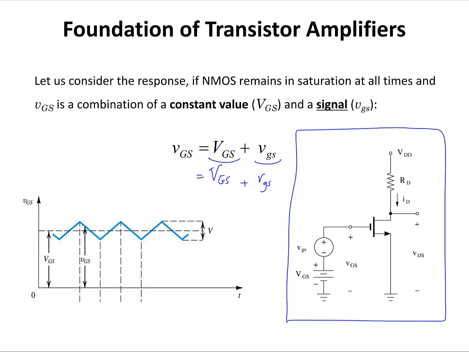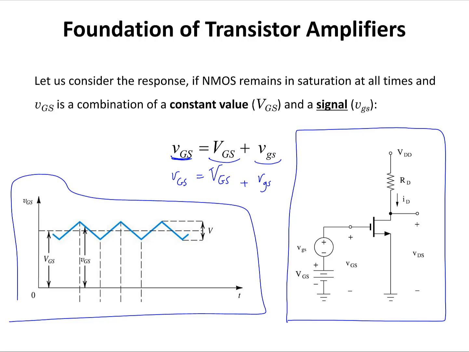And we will represent the total voltage with small v and uppercase GS. So the input voltage consists of a constant part and the signal part, and we are going to make sure that the transistor operates in saturation at all times, meaning that for all values of V_GS the transistor is going to operate in the saturation region.